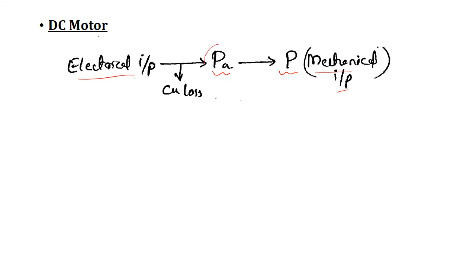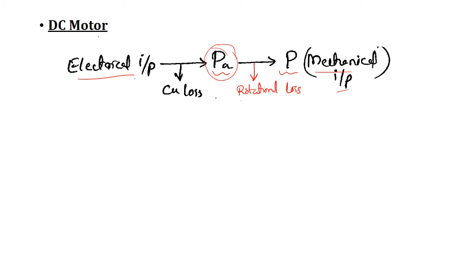That is the power developed in armature, PA. But the entire PA will not be available at the shaft. There will be some losses. So that loss is known as rotational losses. Okay, this rotational loss is similar to that of the DC generator.